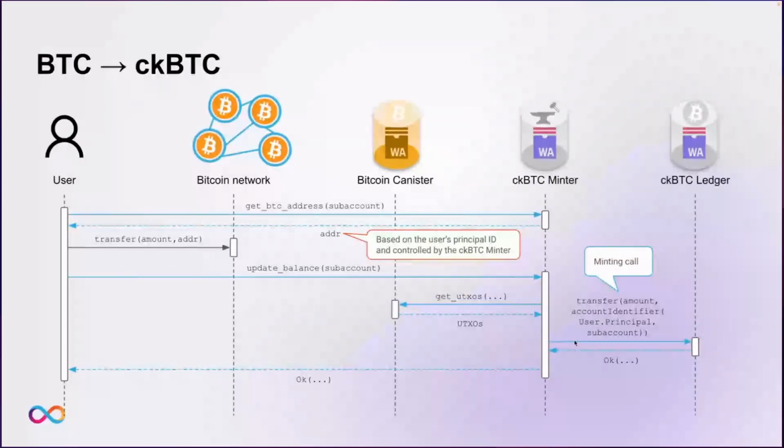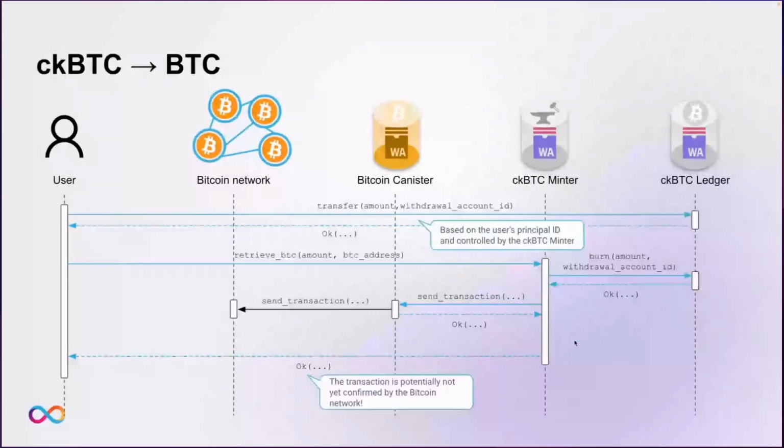To go the other way around, the user sends their ckBTC to a dedicated withdrawal account that is also based on the user's principal and controlled by the minter. Note that this time, the transfer we make is a call to the ckBTC ledger on the Internet Computer. Once that transaction is complete, we notify the minter about our transaction by calling the retrieve BTC method.